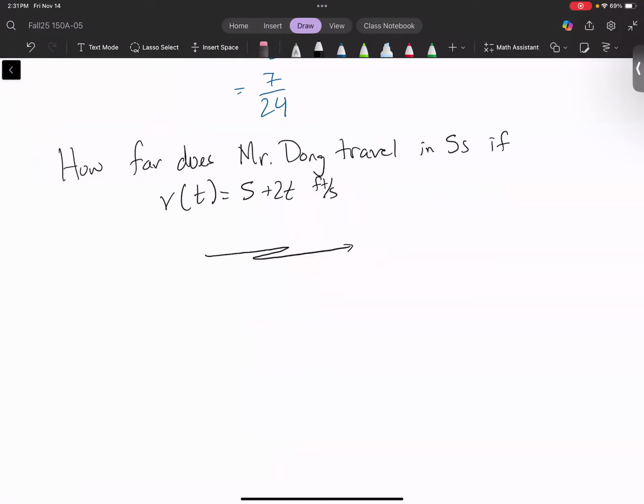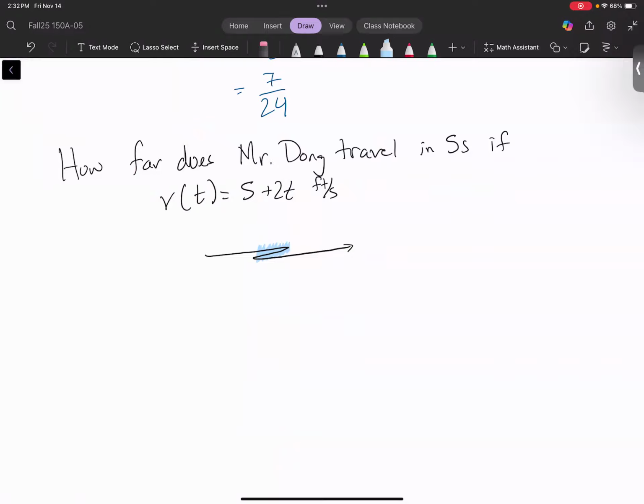Remember how we view moving to the right as positive and to the left as negative? This is kind of analogous to our area being positive above and negative below. So if we were simply to integrate our velocity, stuff is going to cancel here because some of it is positive, some of it is negative. I don't want that to happen.